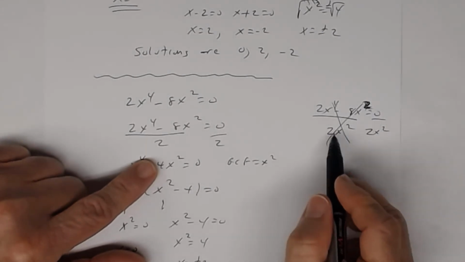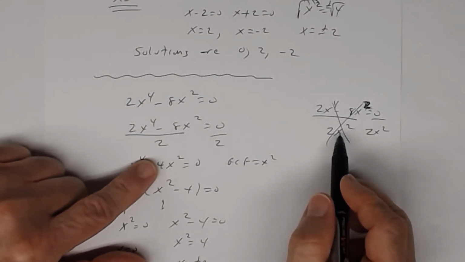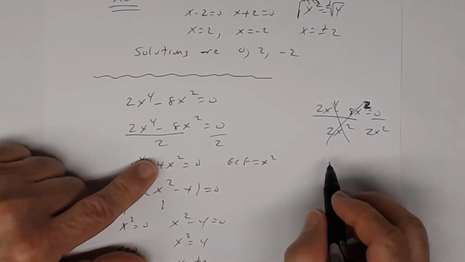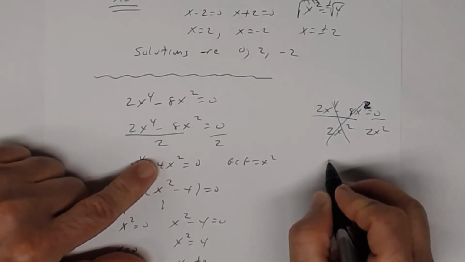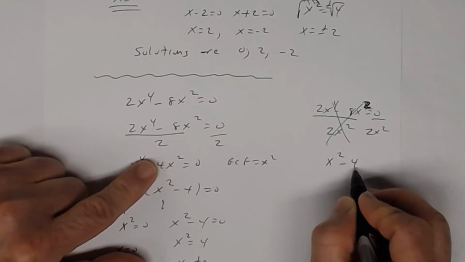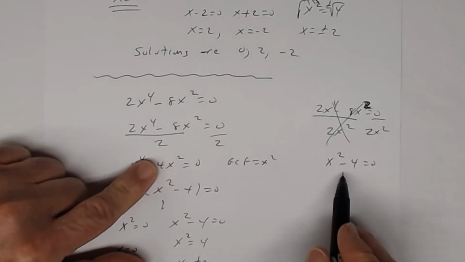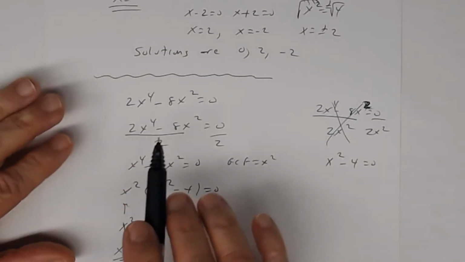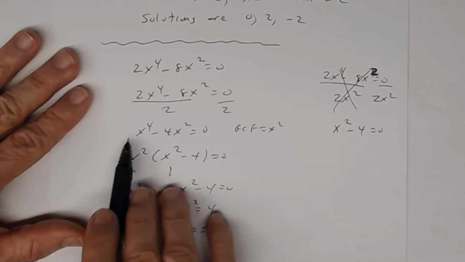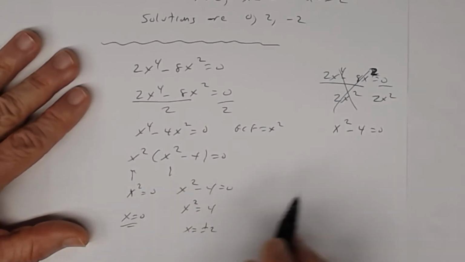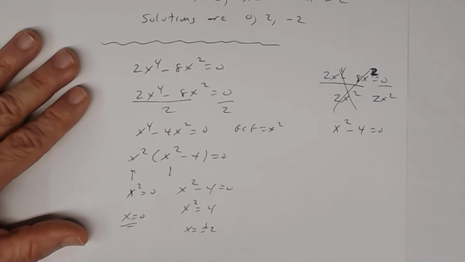Do not divide by a variable. Because when you divide this by 2x squared, all you get is x squared minus 4, and you're missing some other factors of your variables. You're missing that x squared as well. So do not divide by a variable. Okay?